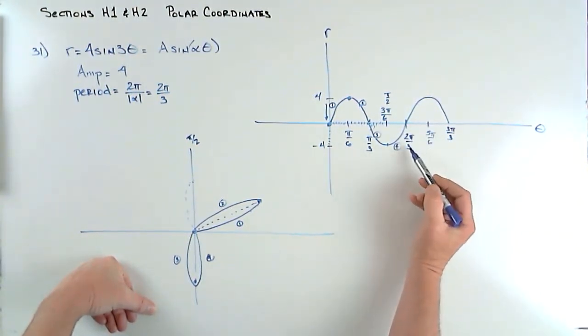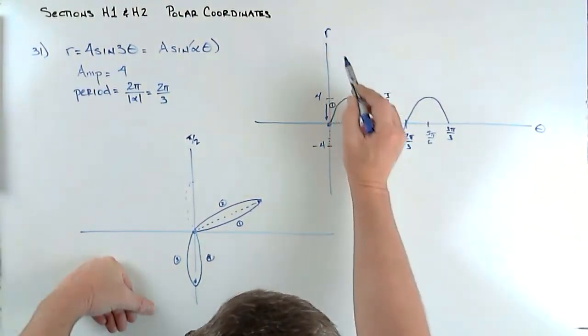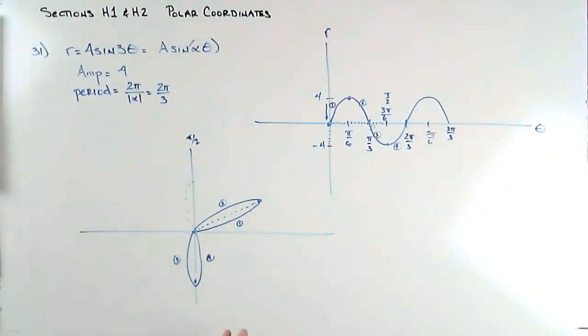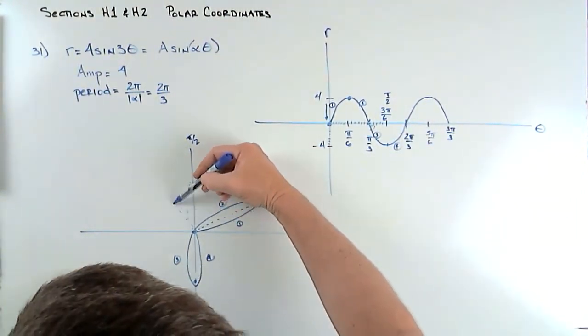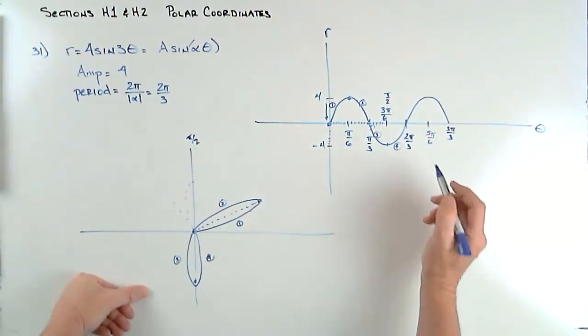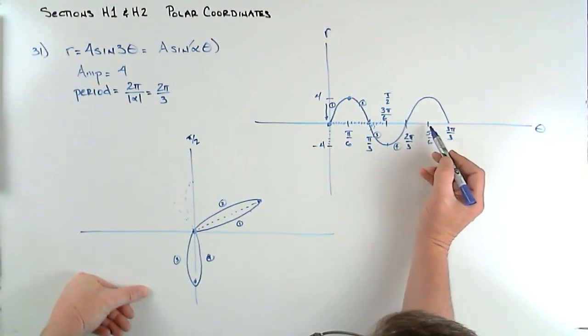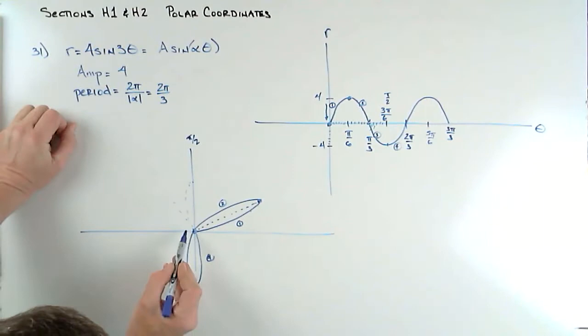So from 2 pi over 3, our r value has switched. We're above the x-axis, so our r value is positive, so we're not going to do a reflection. At 2 pi over 3, which is right here, we're at 0, so we're back at this dot. Now, as we move from 2 pi over 3 to 5 pi over 6, 5 pi over 6 is here.